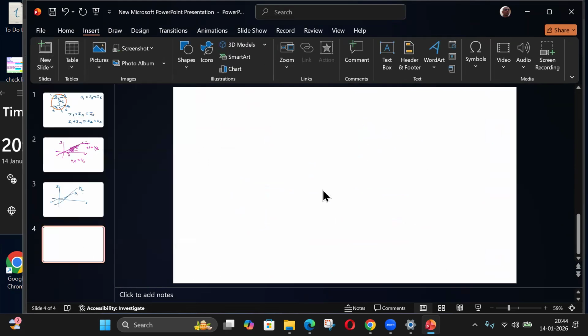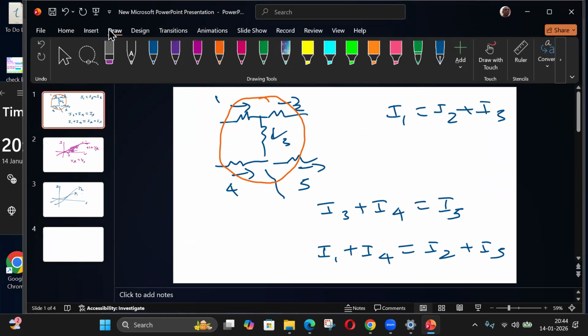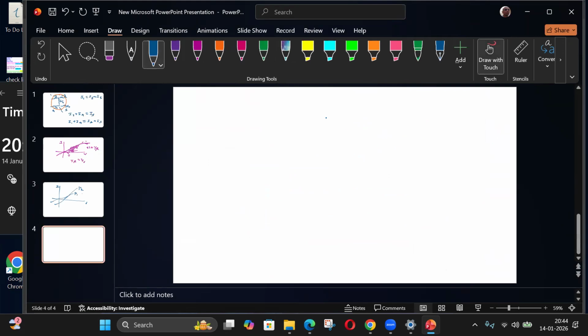the first PN junction diode, this is how it looks like. This is the breakdown. So this is the knee voltage. So this is the saturation current.